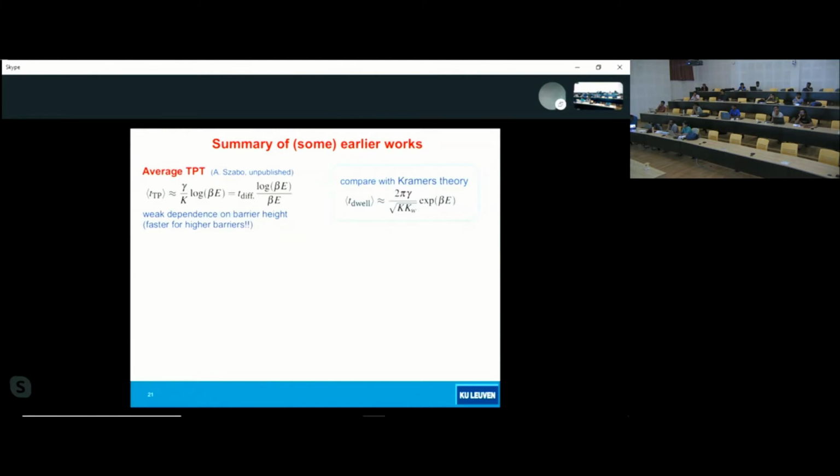It depends very weakly. It's not an exponential dependence, first of all. It depends very weakly, and it's also faster to cross a higher barrier. And how do we understand it?